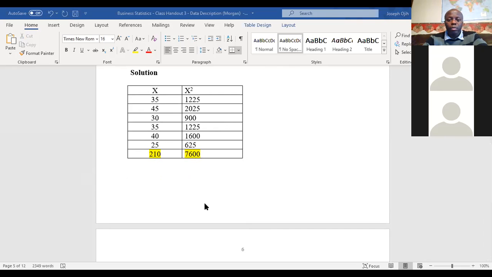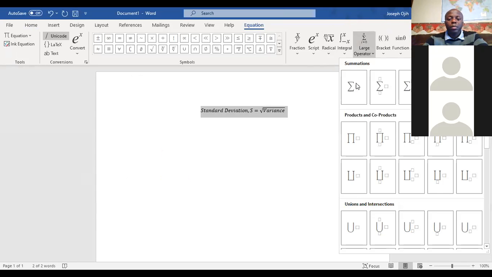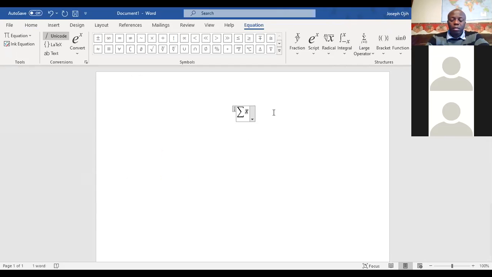I'll take you to the other workbook. Sum of x equals 210, and the sum of x squared is, I got the total as some 600.